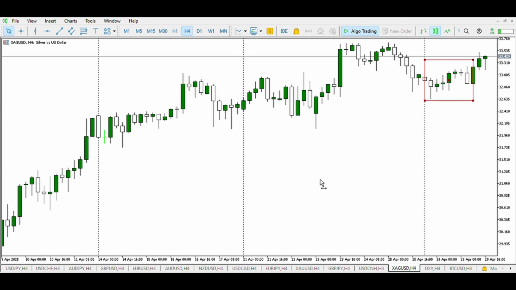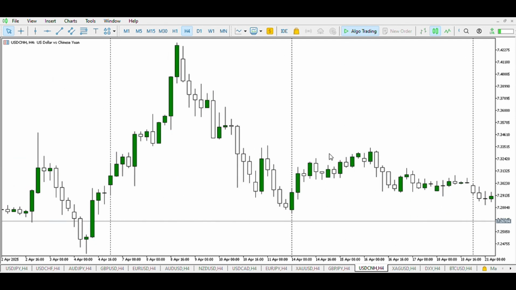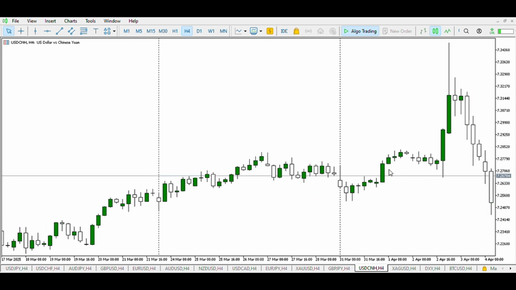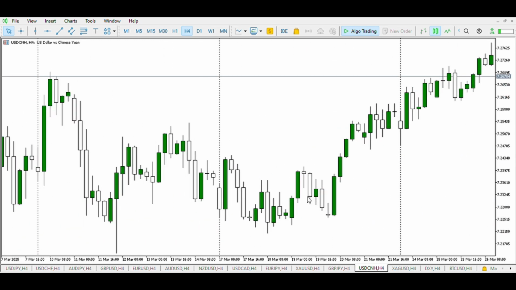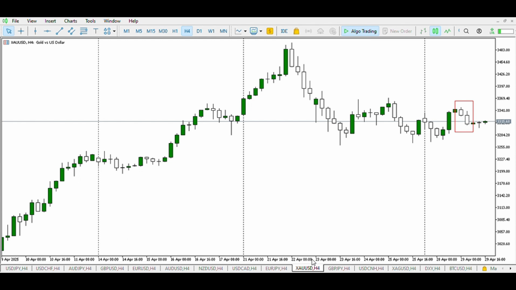All you need to do is just be patient, and once you are patient, you refine your order block and you try to get the best possible, tightest entry that you are very comfortable with. And once you can do that, all you have to do is just wait for the market to retest and activate your order.